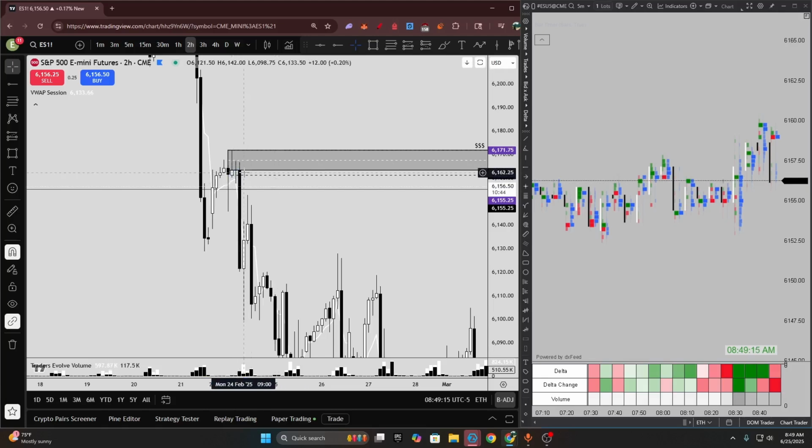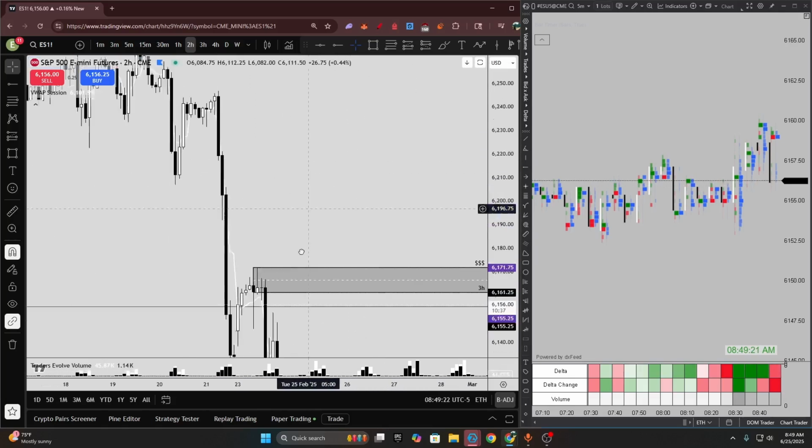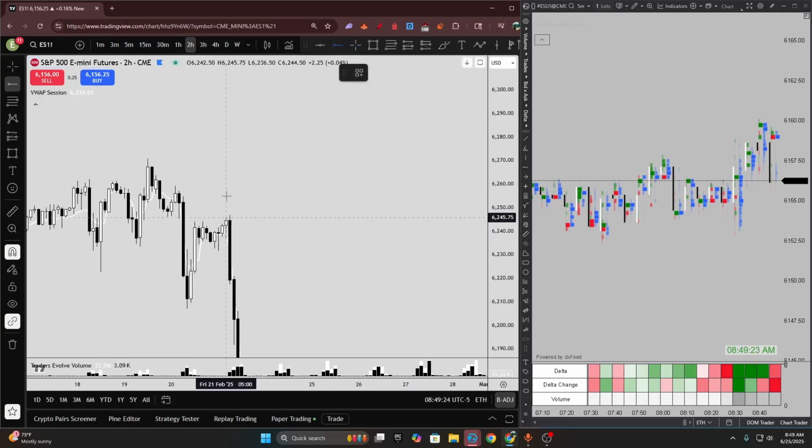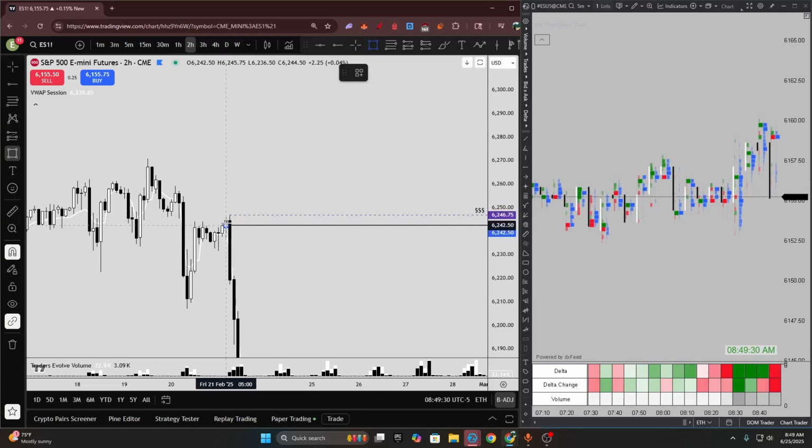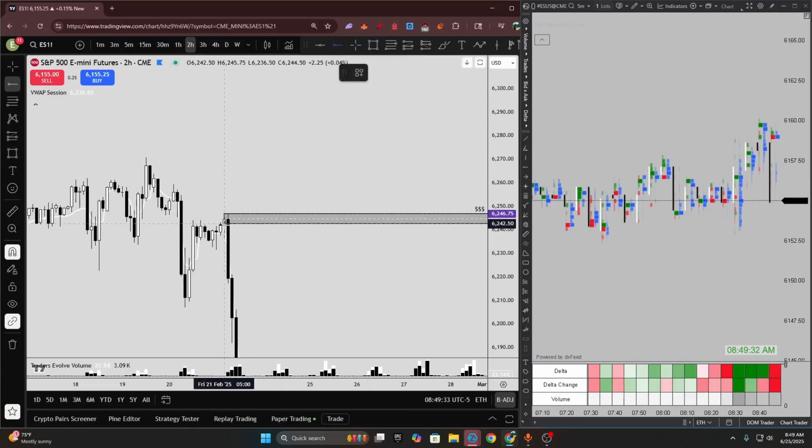I'm going to move this down there just so we get more space and do not scrabble down on the amount that we actually mark. But yeah, it's likely going to be inbounds above until we get to this area, which is a 2-hour supply zone as well.